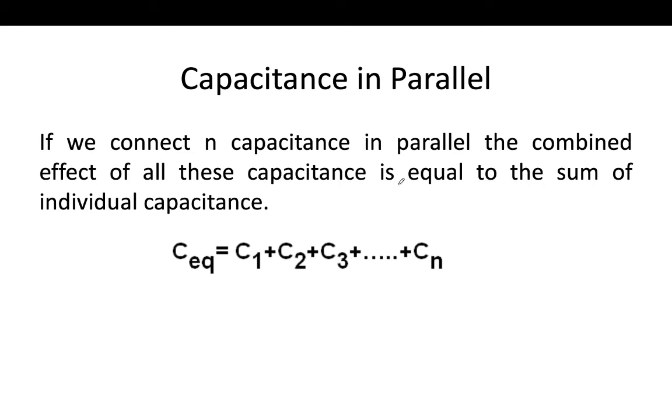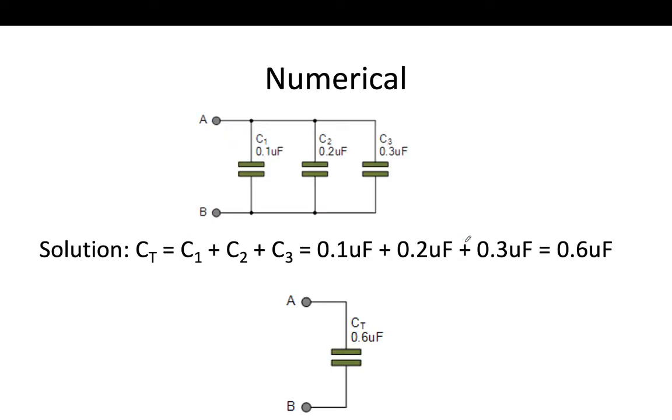Now let's talk about parallel capacitors. If the capacitors are connected in parallel, the combined effect of all the capacitance is equal to the sum of the individual ones. So in series we take the reciprocal, and in parallel we simply add them. For example, we take this numerical.